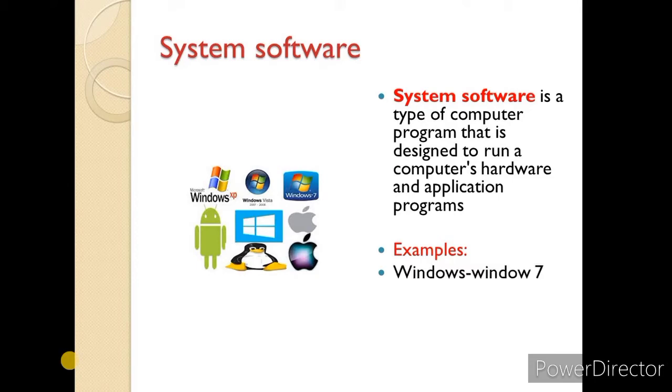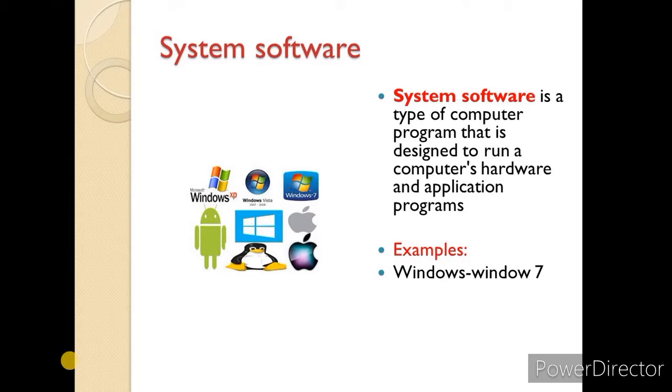We have the Windows. Windows is made by the Microsoft Corporation, and it is one of the most popular operating systems or system software. We have different versions of Windows. We have Windows 7, which is one of the most used Windows versions.